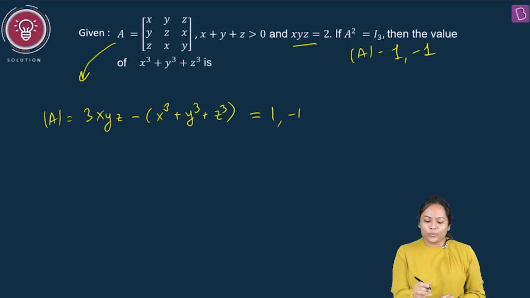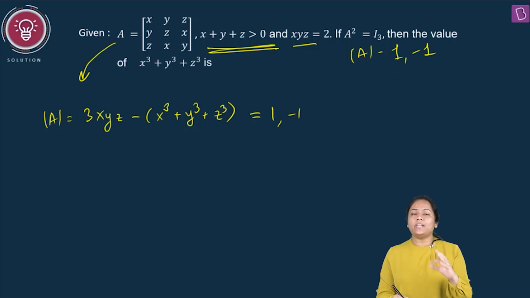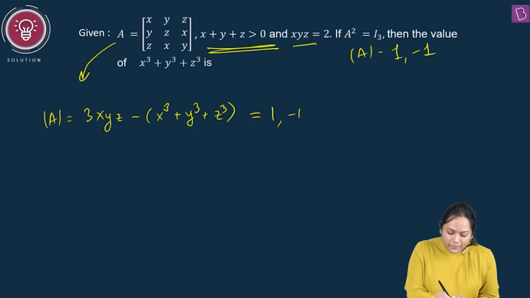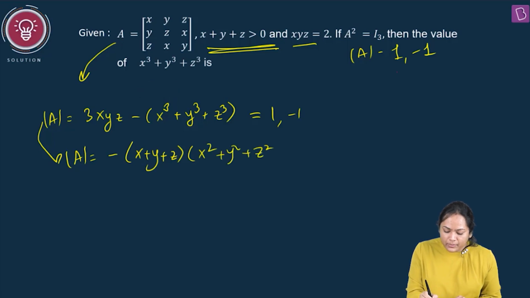Now comes the question, how should I decide whether it will be 1 or minus 1? Well, for that, we'll use this information that x plus y plus z is greater than 0. So when x plus y plus z is greater than 0, how will I use this? My determinant of A can also be written as minus of (x plus y plus z) multiplied by (x square plus y square plus z square minus xy minus yz minus zx).